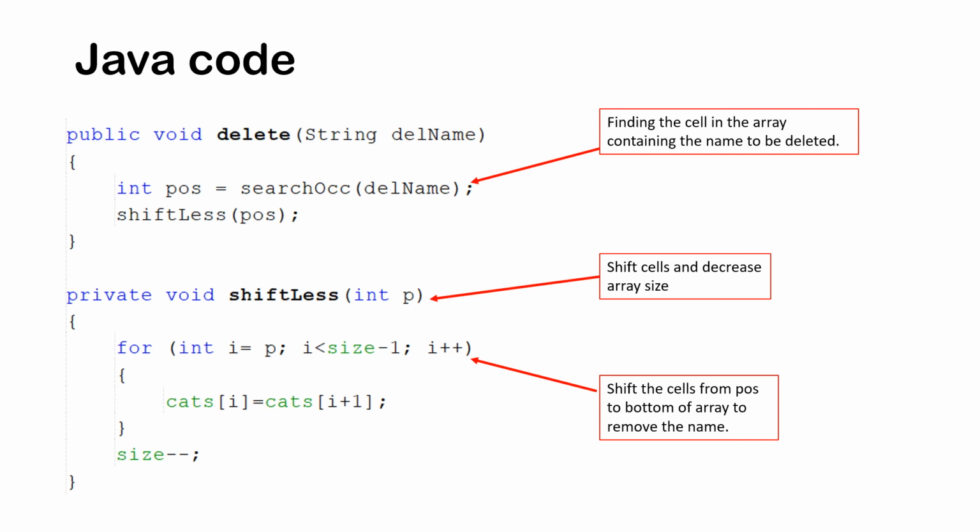We will do a for loop from i = p to i < size - 1. And we'll go i++, and here we'll have cat[i] = cat[i + 1]. So you can see we're moving the data from the cell below into the cell above. And then at the end, we'll say size--.